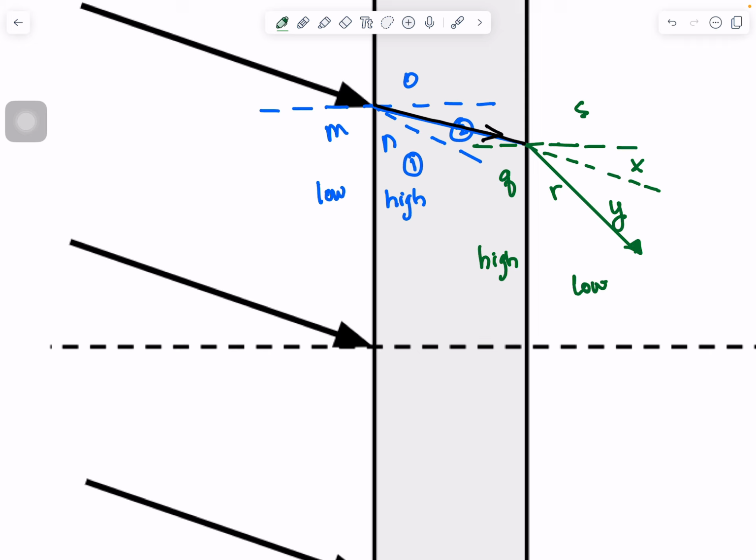And that is what it will look like. It actually will exit more like that. Sorry, I keep doing that. More like that.